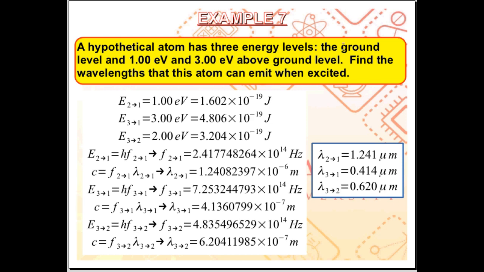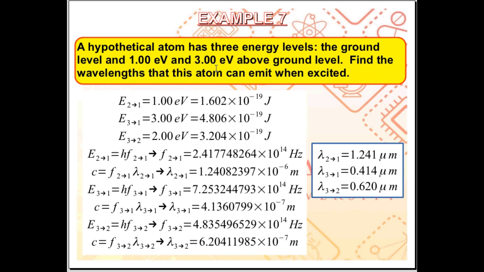So, the ground state energy, then the first excited state is 1.00 electron volts above the ground state, and the second excited state is 3.00 electron volts above the ground level. Find the wavelengths that this atom can emit when excited.